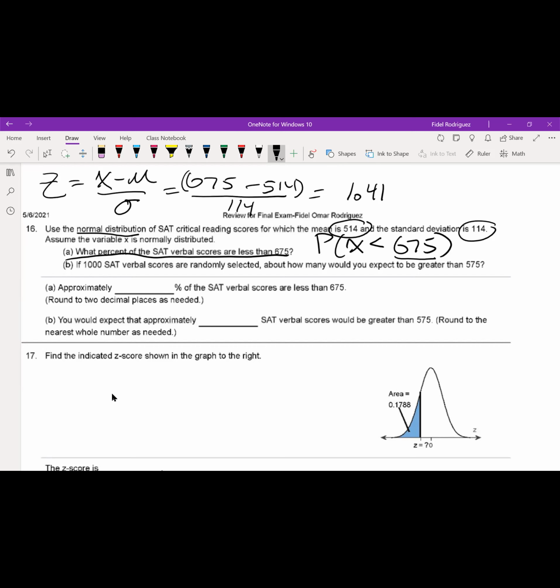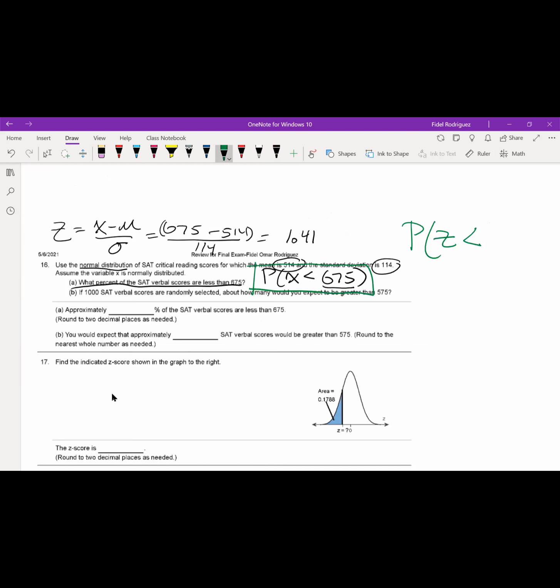So what we're going to do now, instead of saying, what's the probability that X is smaller than 675, we're really going to say, what's the probability that Z is smaller than 1.41, okay? And again, think about this in regards to the picture, like the problem that we just did.